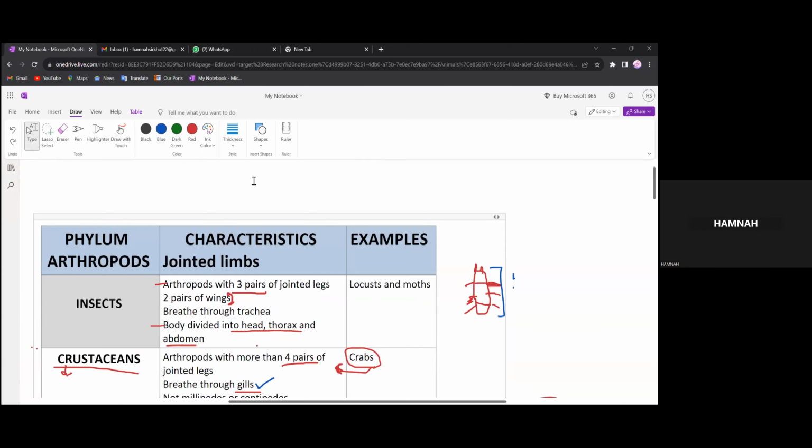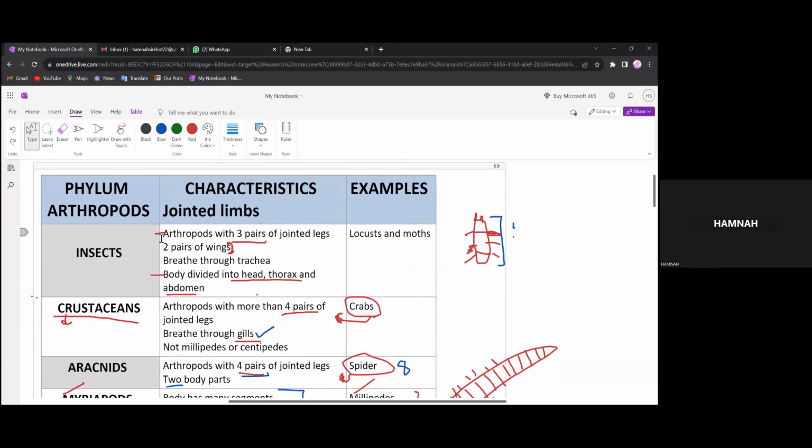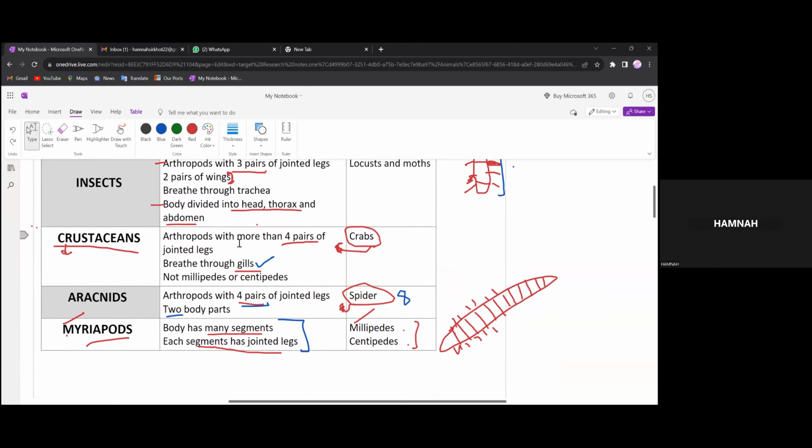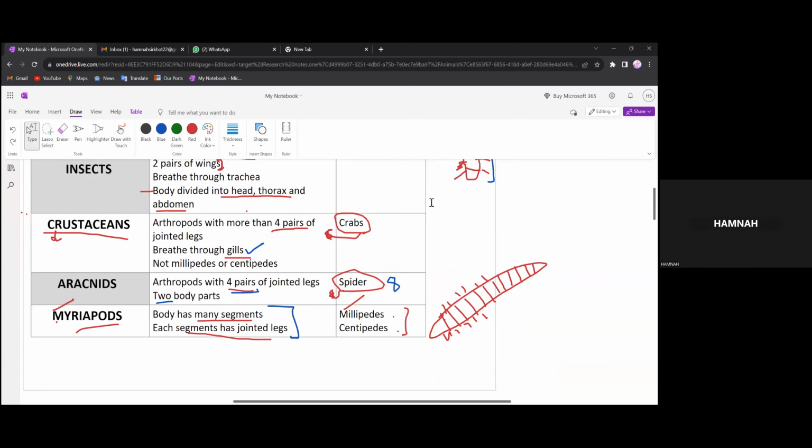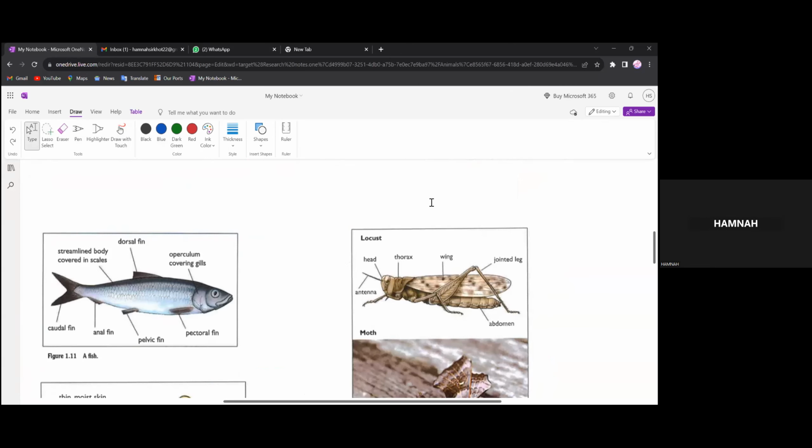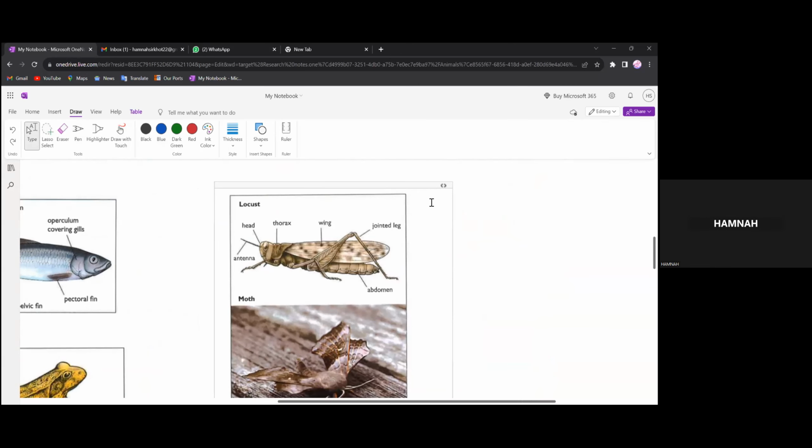One thing about Microsoft OneNote is that when I draw these lines, if I move this picture around, my drawings would not move with the picture. So if I underline something and I move the picture, the underline would be gone. Tragic, but it is what it is.